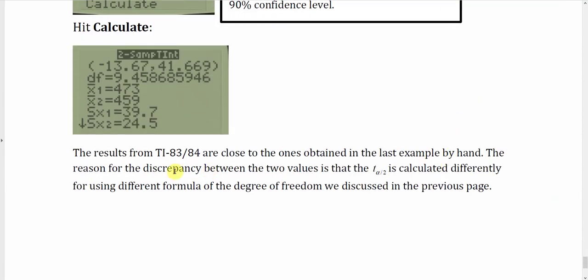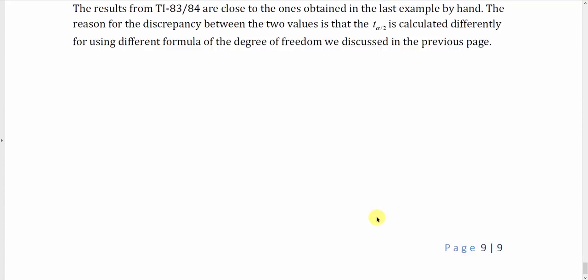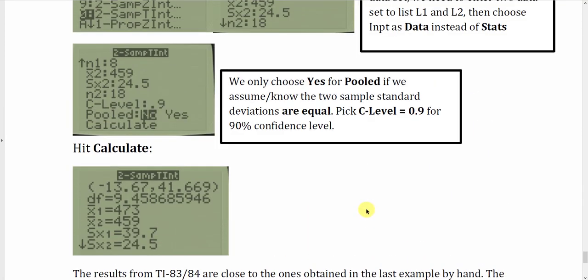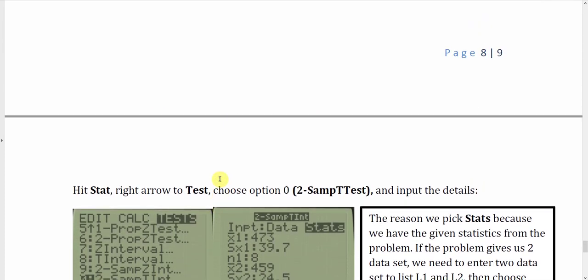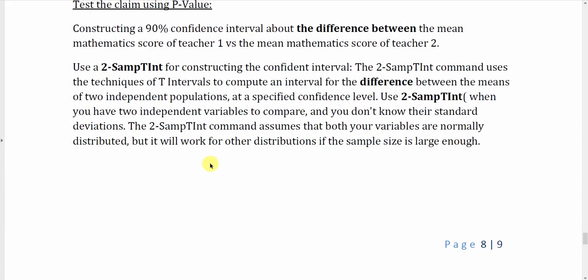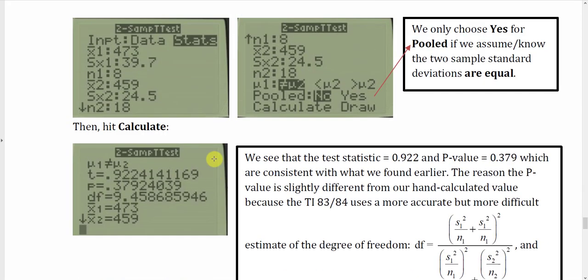The difference between the two values is because they use a more complicated formula for the degree of freedom that we discussed earlier. So that is how you use the TI-83 or 84 to construct the confidence interval for the two independent sample means, and also use it to find a p-value.